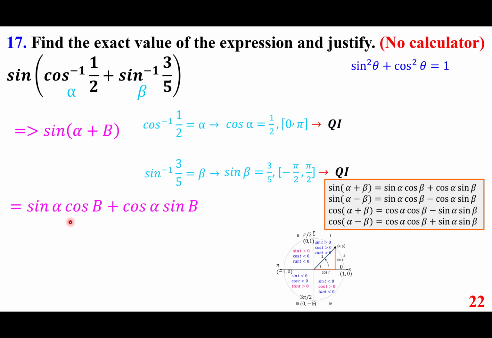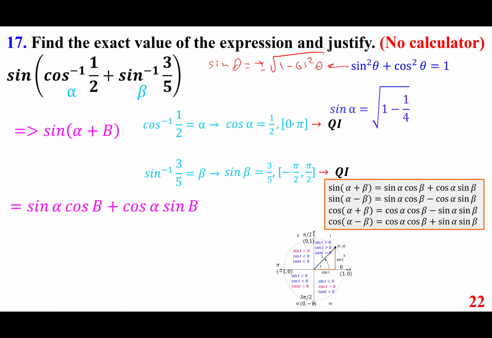So let's go with sine squared plus cosine squared equals 1. The first thing missing is sine alpha. Sine theta is plus or minus the square root of 1 minus cosine squared, but we go with the positive only because we said it's in the first quadrant.